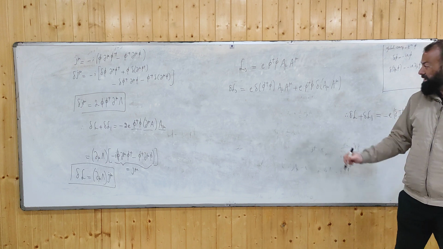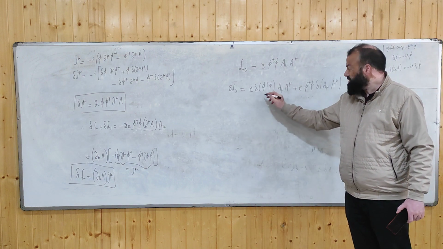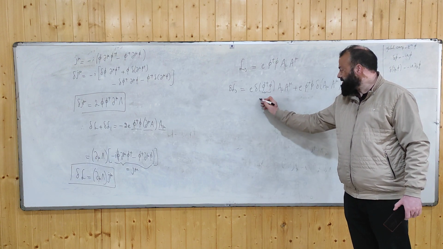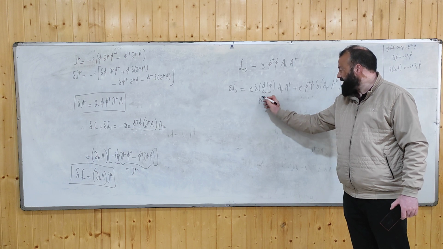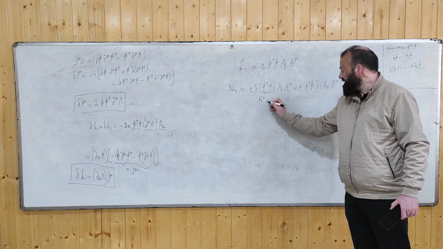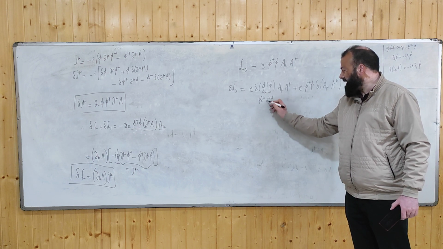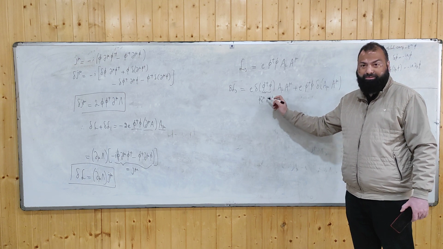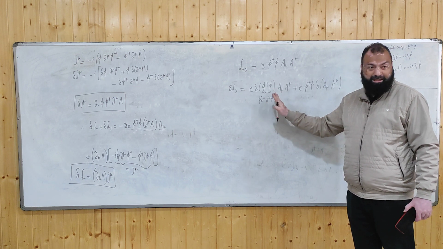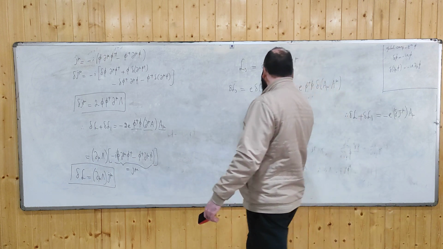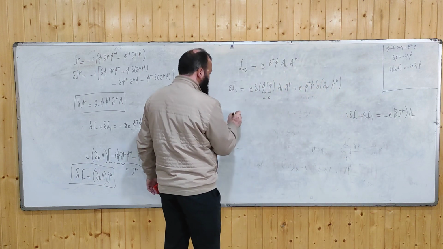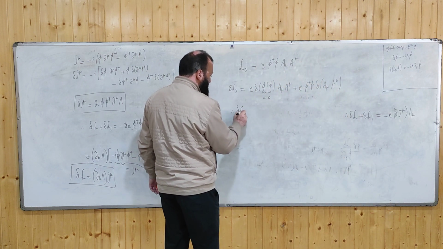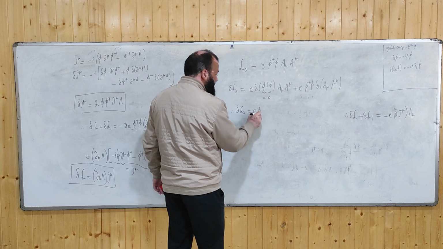Clear? Now what is this object? It goes as e raised to i lambda for phi and e raised to minus i lambda for phi dagger. So phi dagger phi remains the same, and this is equal to 0. Therefore delta L3 is equal to E phi dagger phi.